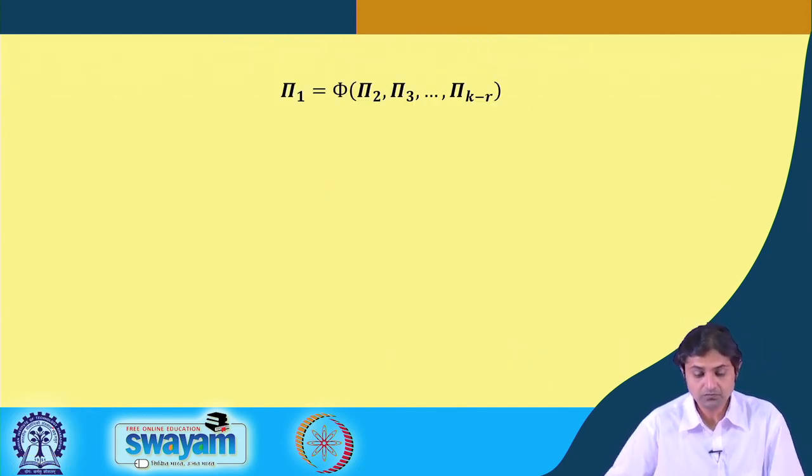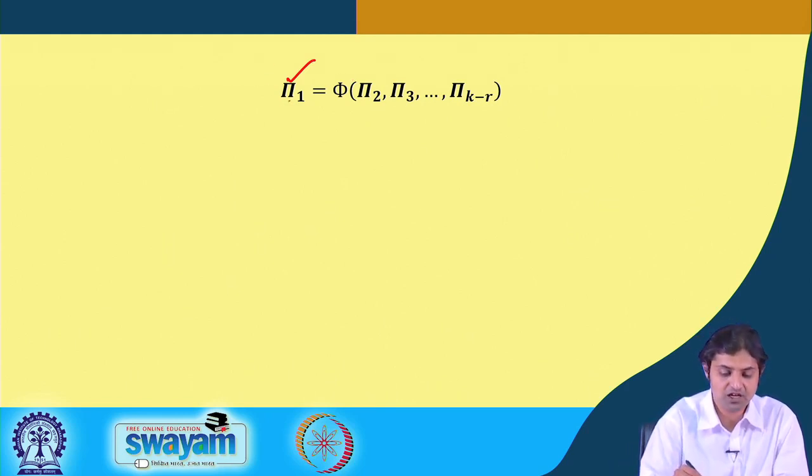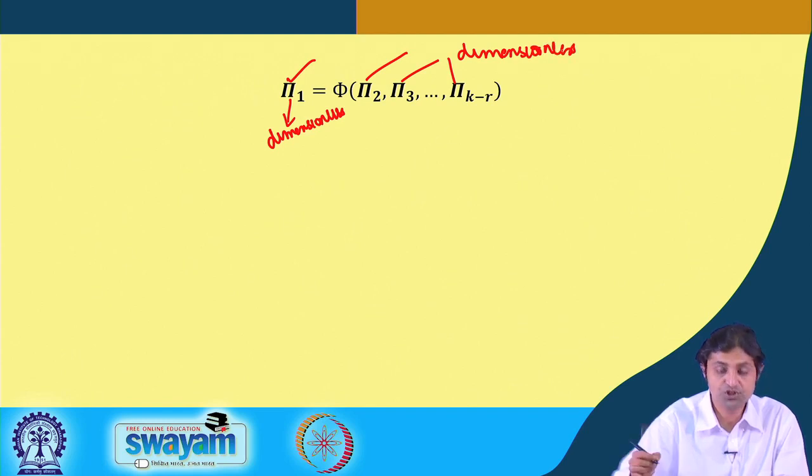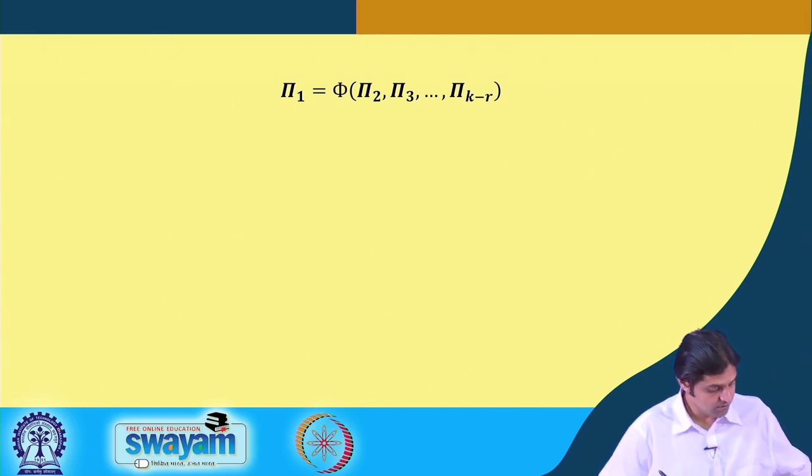So, pi 1, this is the first pi term, so the final equation is going to be pi 1 is a function of pi 2, pi 3, and so on, because these are also dimensionless, right. Same here, all these things are dimensionless. So, dimensional homogeneity is going to be maintained.